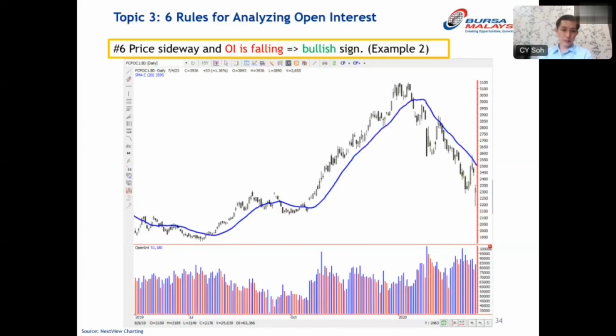Another example for rule number 6 is when sideways with reducing open interest, it means that the market is actually going to be bullish soon. So you can see when price crosses above, it is an uptrend. Another example, sideways with reduced open interest, and then when price breaks up with an increase in open interest, we go back to rule number 1 again. It is a bullish signal.